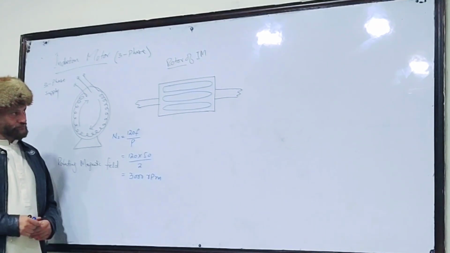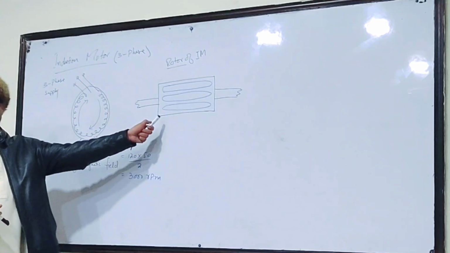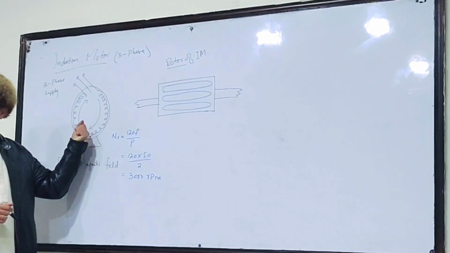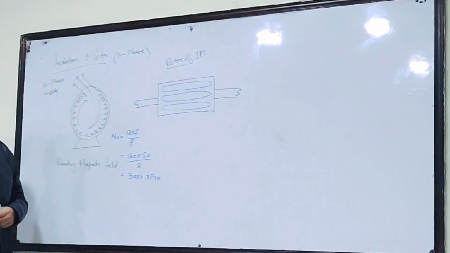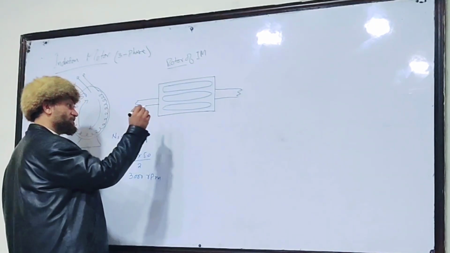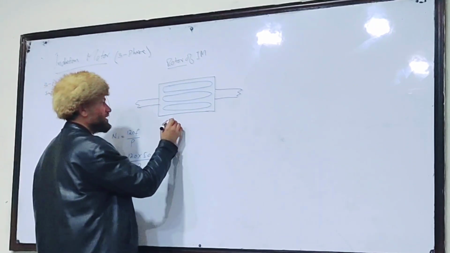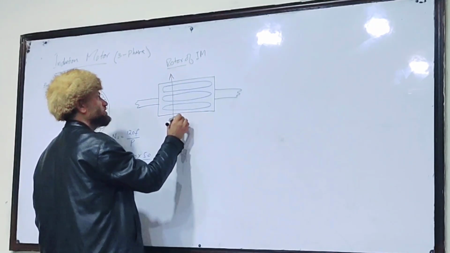Now, when I lay this rotor inside this stator, there is a rotating magnetic field, and these bars are cut by this rotating magnetic field at very near 90 degrees.